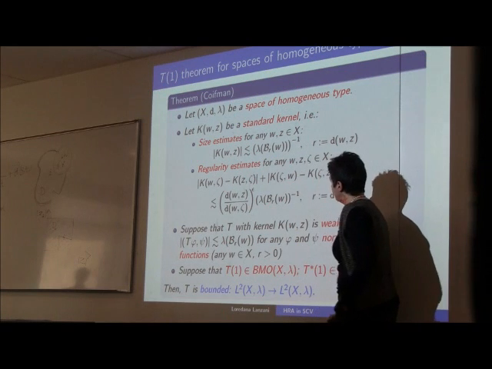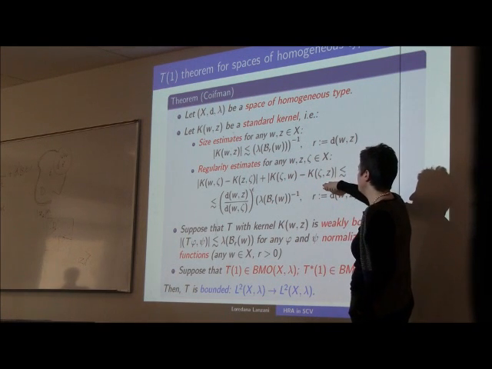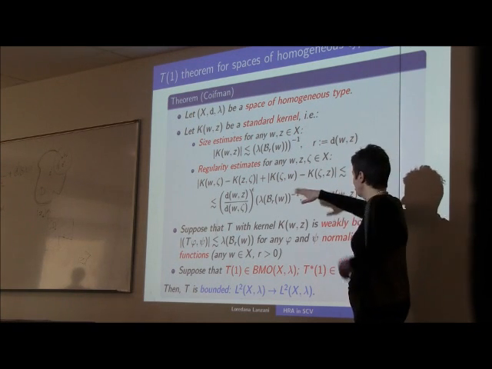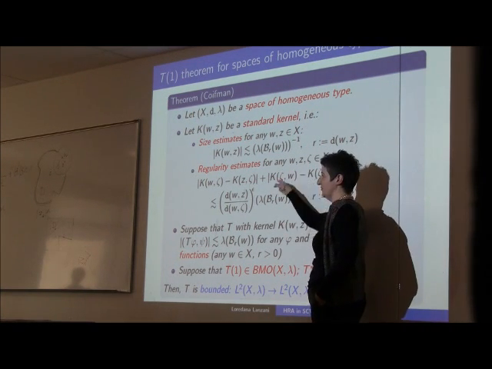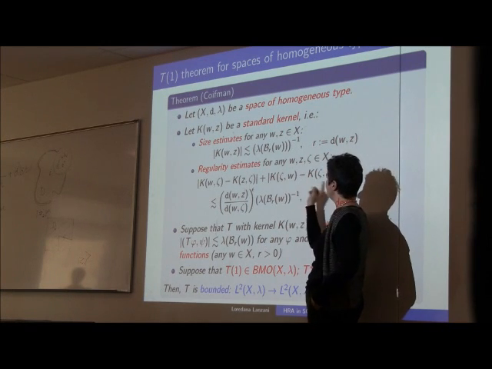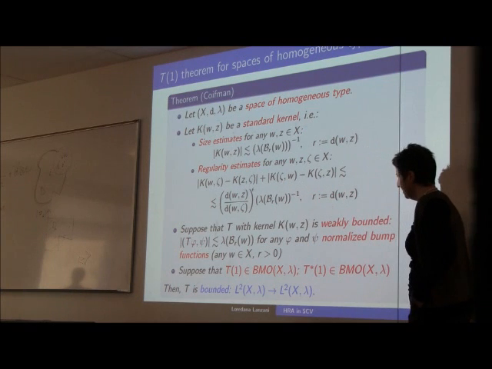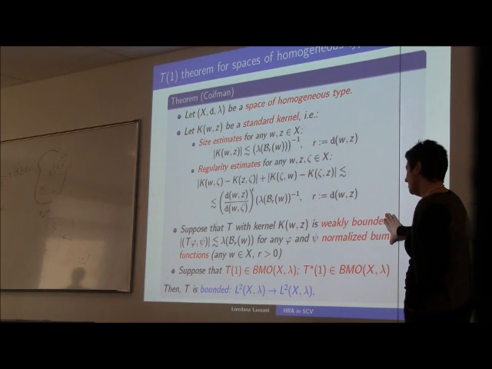Number one. Number two, it has to have some additional regularity. Think of this as differentiability conditions if you could differentiate. Think of this as a difference quotient where what you're missing is a denominator which is lurking here. And then getting more technical, so this is the hypothesis on the kernel.